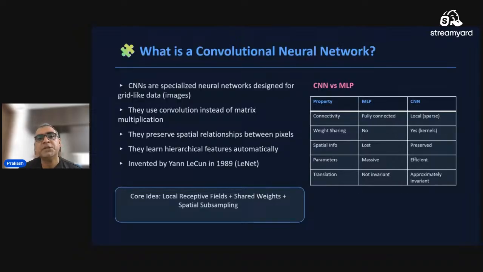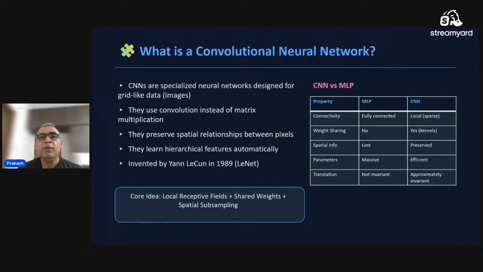They preserve the relationships as well, which they need for training, and they understand those patterns in a better way. We're also talking about invention: in the late 80s, it was invented by Ian. Good credit to him for talking about it and understanding that.